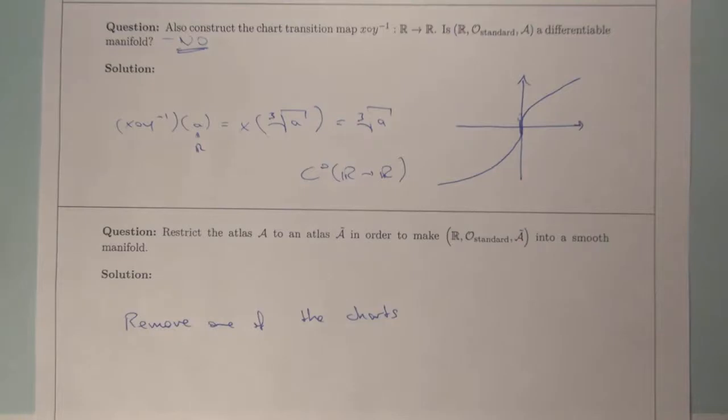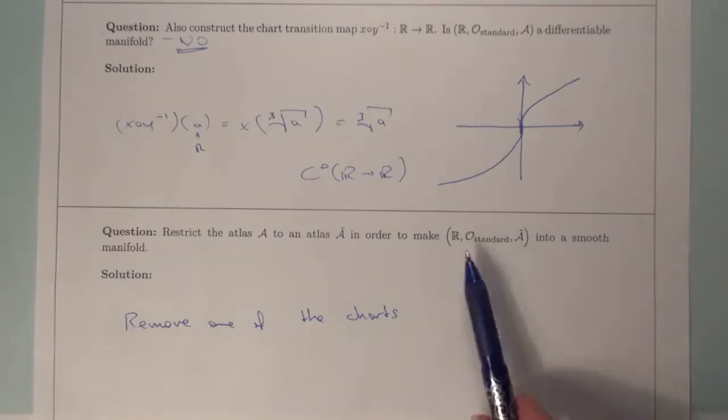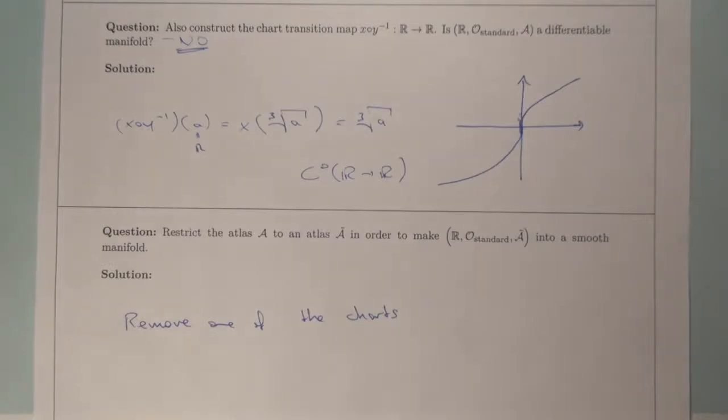It stays an atlas because it covers the whole manifold, and since there are no chart transition maps, of course this is smooth. Therefore we made R equipped with O standard and this new atlas into a differentiable or even smooth manifold. That's it for this exercise.